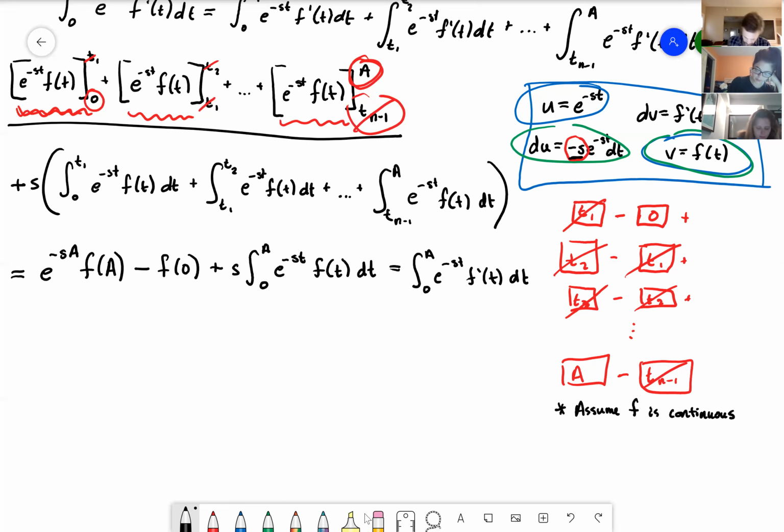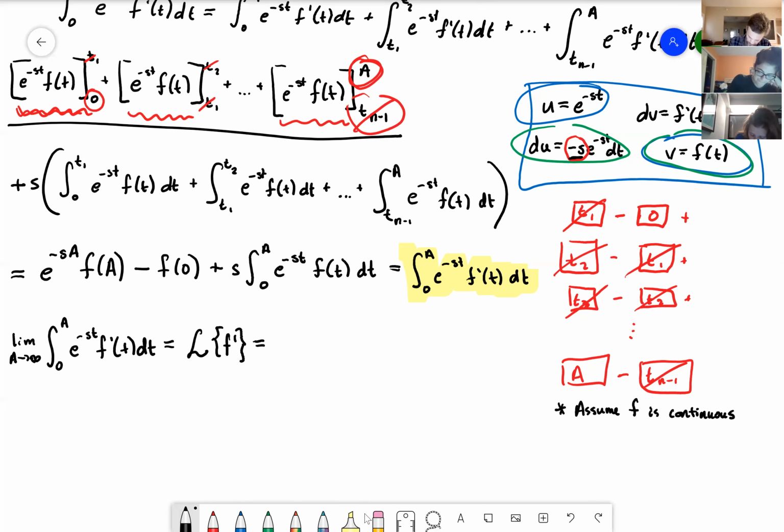So taking the limit as a goes to infinity on both sides, I get the limit as a goes to infinity of, this was originally our left-hand side, I'm going to move it back to the left-hand side, e to the minus st f prime of t dt. This will just be the Laplace transform of f prime, right?